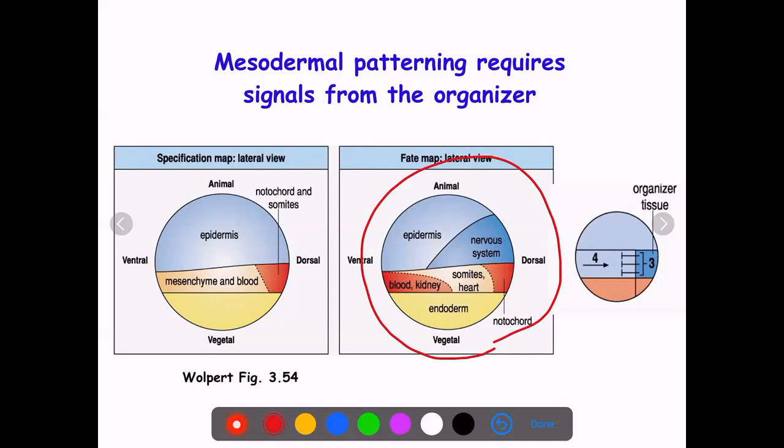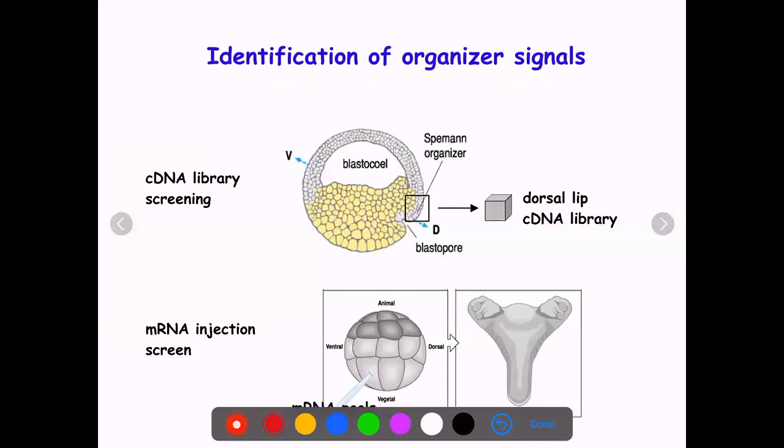Okay. So what they are saying is that they are crashing each other. So what do you mean by crashing? They tried to find the difference between number 3 and number 4, and they did a very expression-cloning kind of approach. They took this dorsal lip, which is the Spemann organizer.